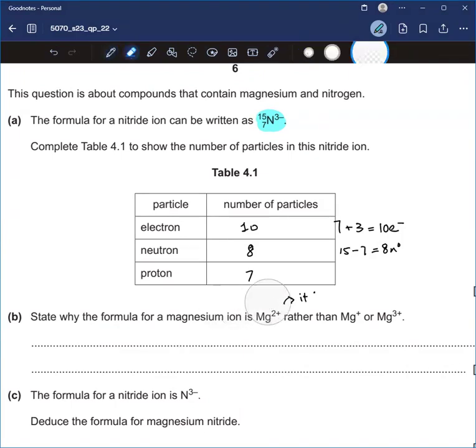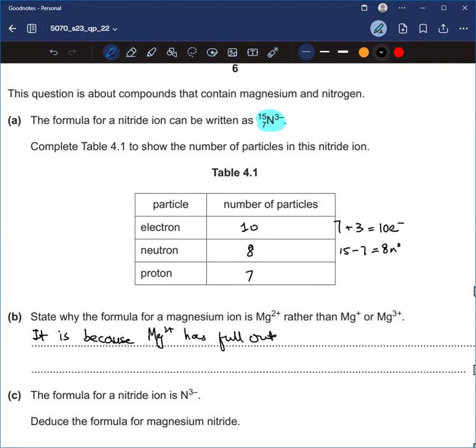So that is why the formula for the ion is Mg2+. Mg+ does not have a full outer shell of electrons.